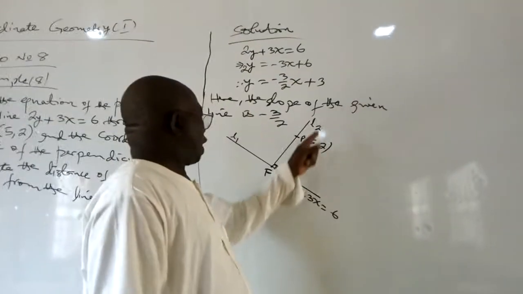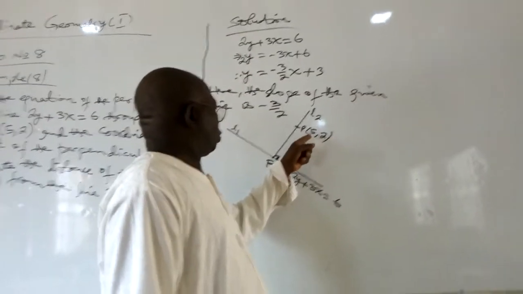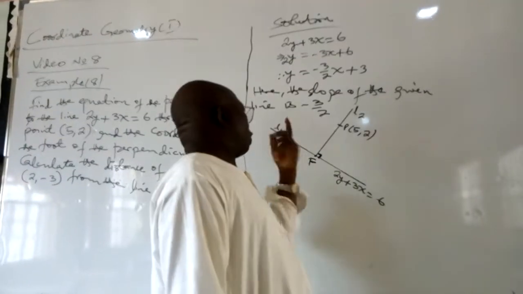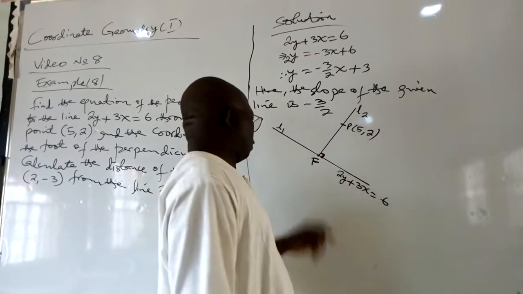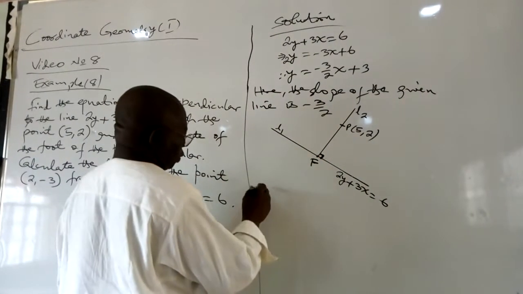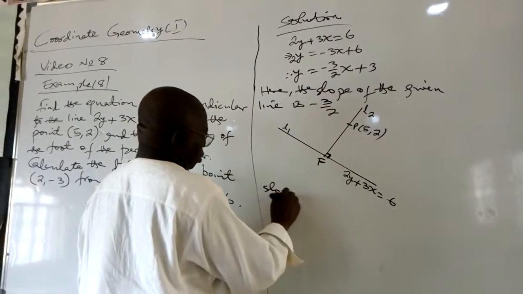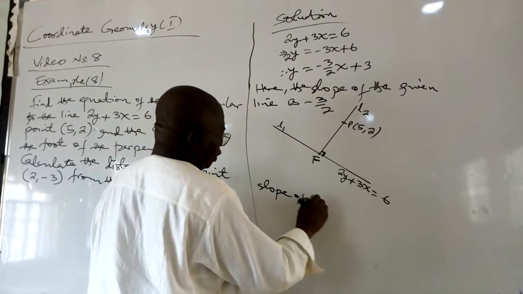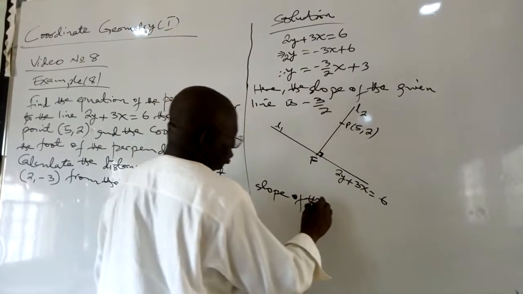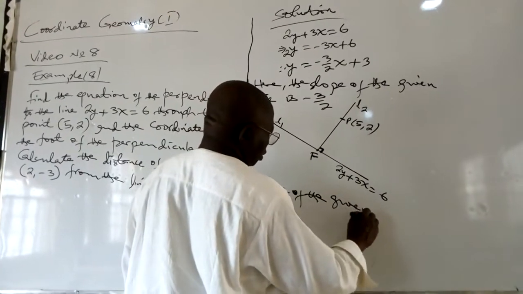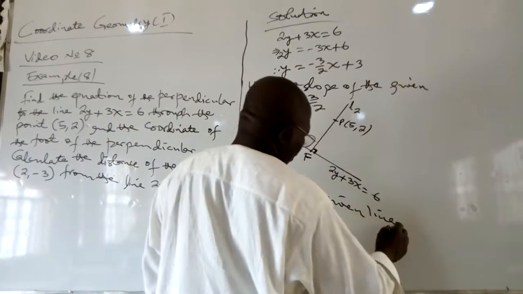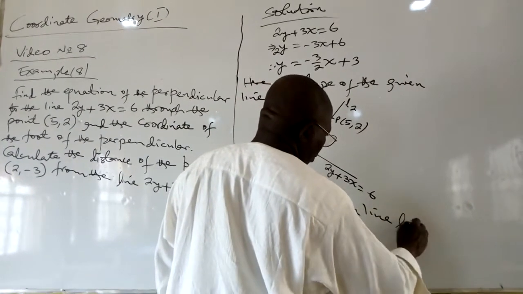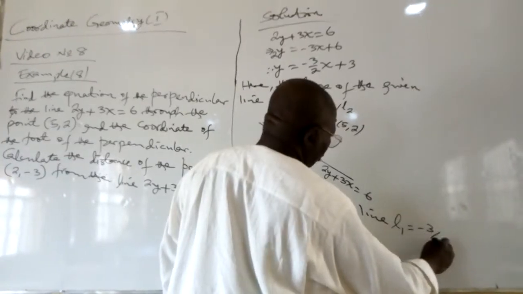Now we are told that this line L2 is passing through point P whose coordinates are 5, 2. We are to find the equation of line L2 or line PF. Now we know that the slope of the given line L1 is minus 3 over 2.